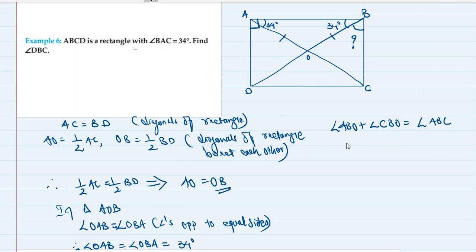So angle ABO is 34 degrees plus angle CBO or DBC is equal to 90. Why? Because angle ABC is 90. Therefore, angle CBO or DBC is 90 minus 34. See, 90 minus 30 is 60, 60 minus 4 is 56. So angle DBC is equal to 56 degrees.